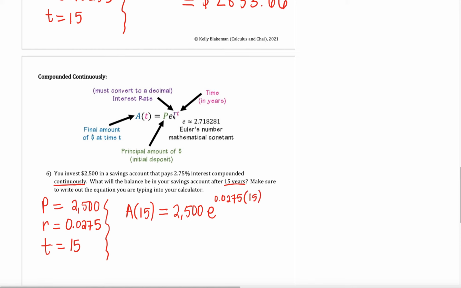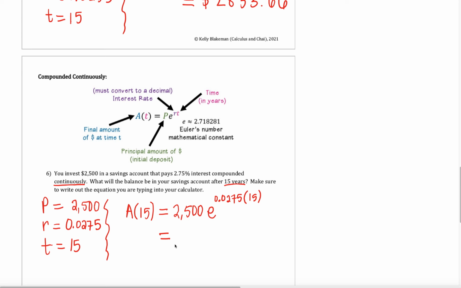And in the equation, r times t is the whole exponent there on our base e. So I need to make sure all of that is written in an exponent. And make sure your writing is clear so that it's clear to me as a grader that 15 is up there in your exponent and being multiplied to that interest rate in a decimal. This setup is earning us the majority of the points on this problem because we're understanding the fact that we use the compounded continuous formula and how each one of these moving pieces gets substituted in.